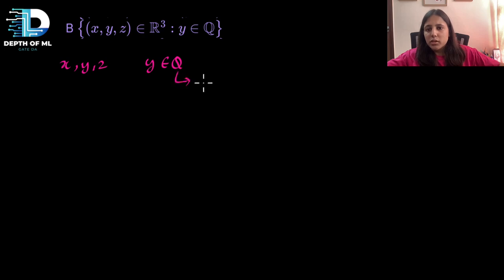Q is the set of rational numbers. If you don't know this notation, you should know that this is rational numbers. Like I told you in the previous questions, whenever this kind of restriction comes, the usual issue is with scalar multiplication. The set might not be closed under scalar multiplication, so we should check for that first.